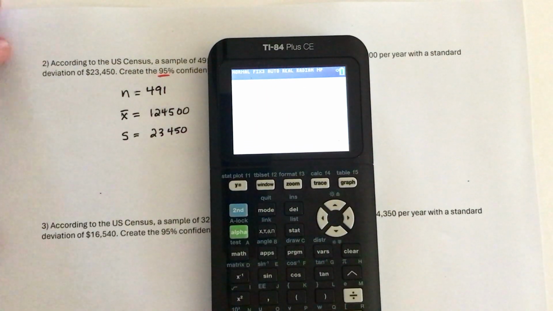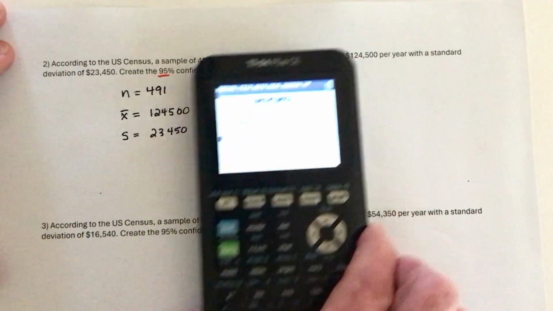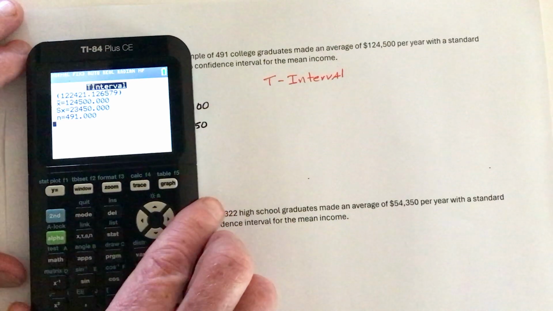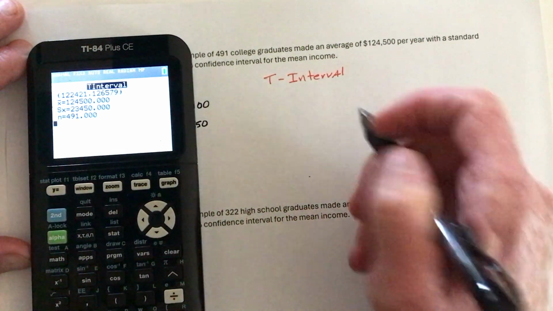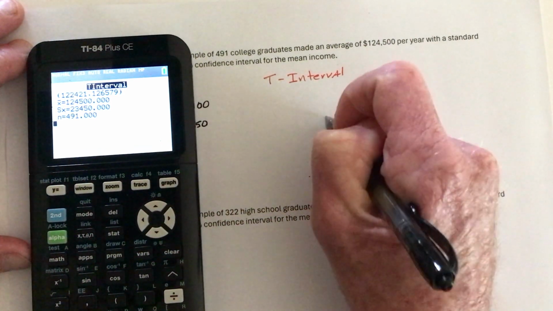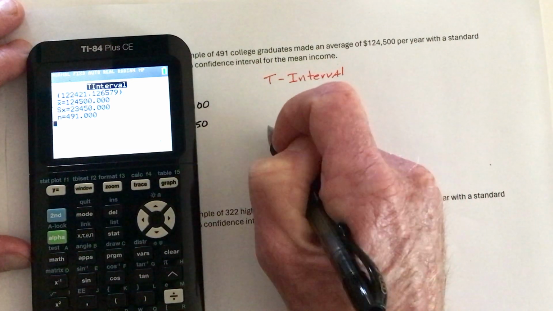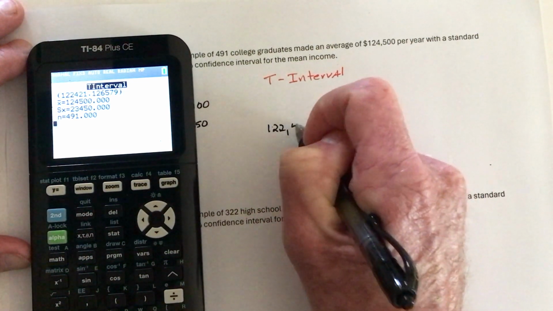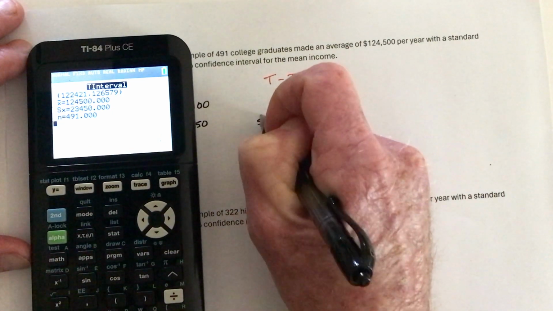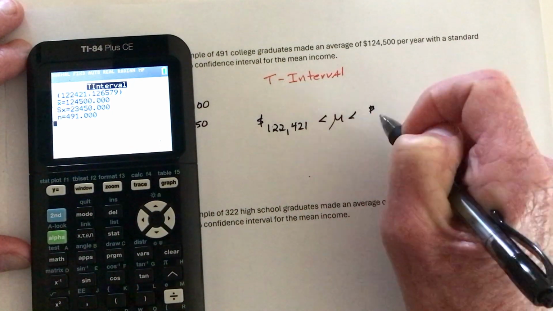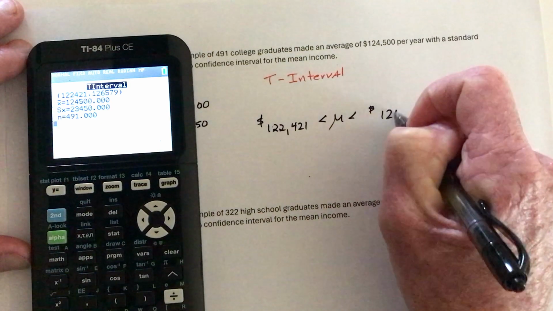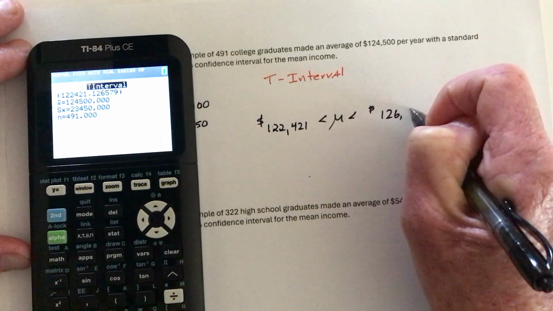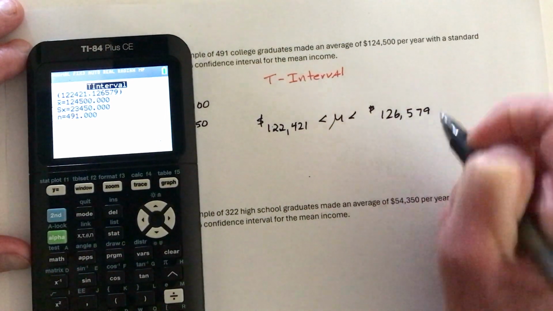All right, then calculate. So this is for college graduates in the United States. Then they're making on average, on the left, $122,421. And on the right, $126,579.